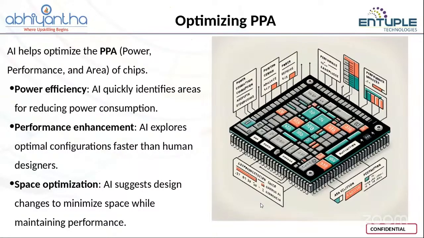As I mentioned, AI helps optimize the PPA, that is power, performance, and area of the ICs.